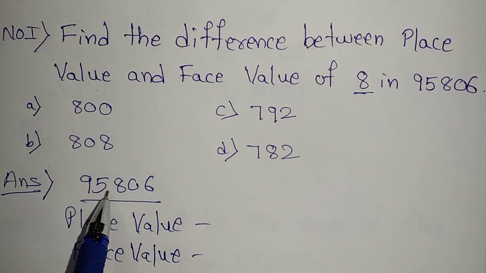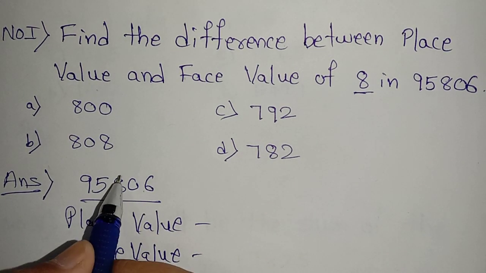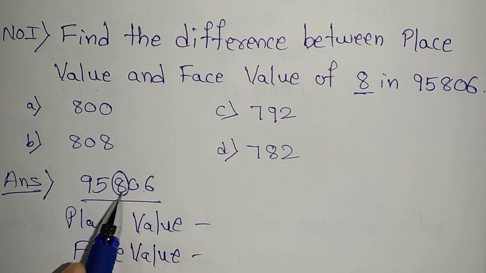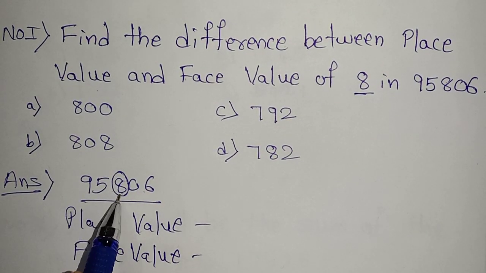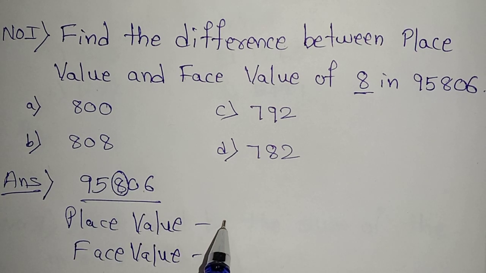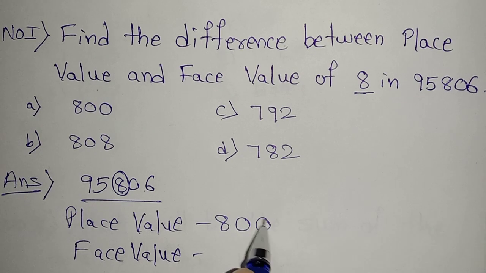So in 95,806, what is the place value of 8 here? Ones, tens, hundreds, it is hundreds. So 8 into 100 becomes 800.